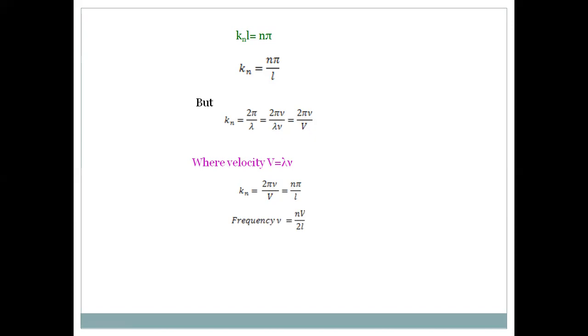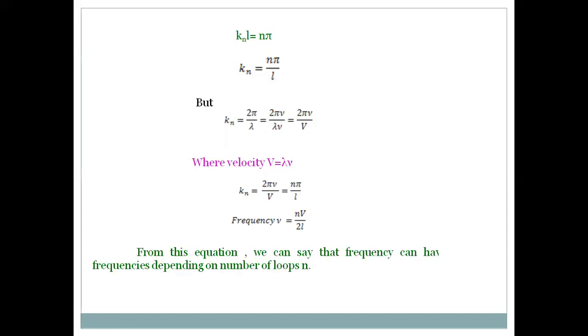From that, frequency nu is equal to n into v by 2l, where v is the velocity of the wave, n is a number, that is 1, 2, 3, 4, and so on, and l is the length of the string. So from this equation, we can say that frequency can have a set of values depending on n, because n has a number of values, 1, 2, 3, 4, and so on, equal to the number of loops in a string.